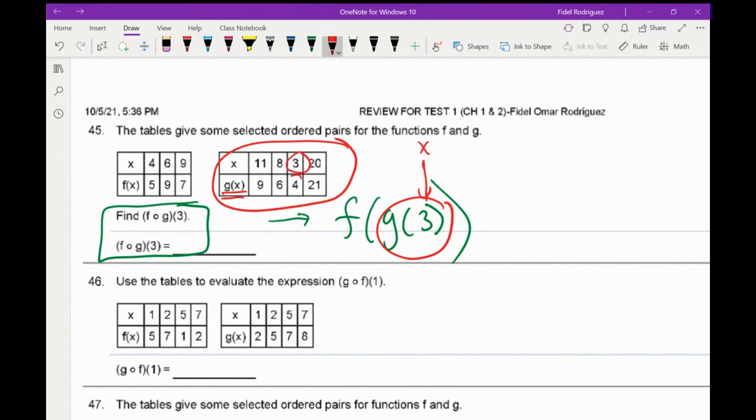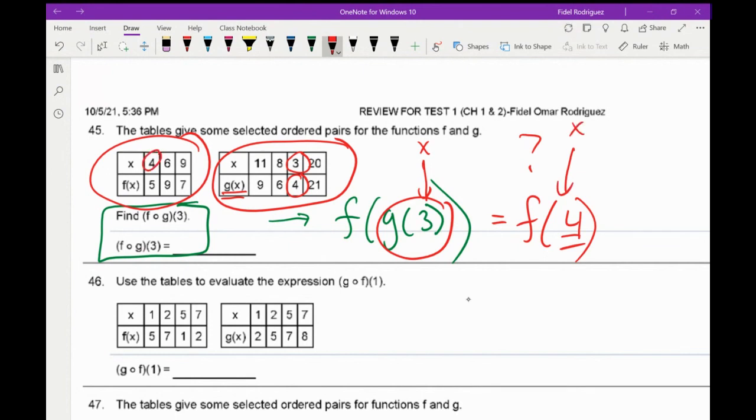So when the x number is 3, the g value is going to be 4. So this is going to be now f of the number 4. So now the question is, how do I find f of 4? Well, this is the table that has the f. So again, the number on the inside refers to the x. So when x is 4, f of 4 is 5. So my answer there would be 5, right?